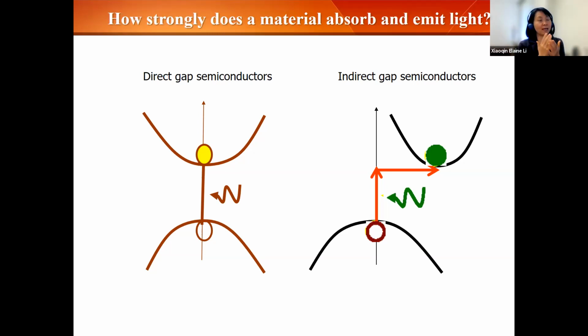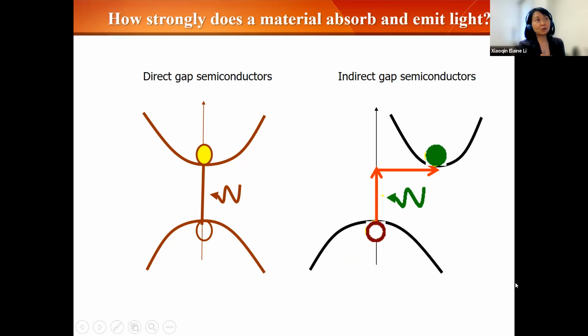So typically light absorption and light emission is what we call a vertical transition, meaning the electron and hole involved in the optical absorption process have the same crystal momentum. That makes a direct semiconductor much more efficient in absorbing and emitting light.